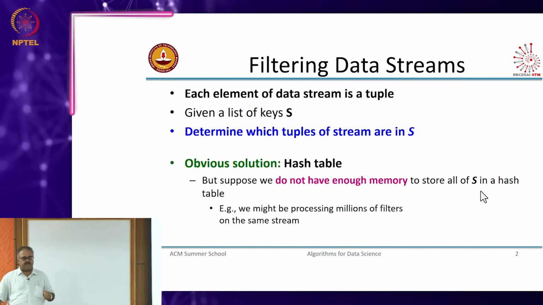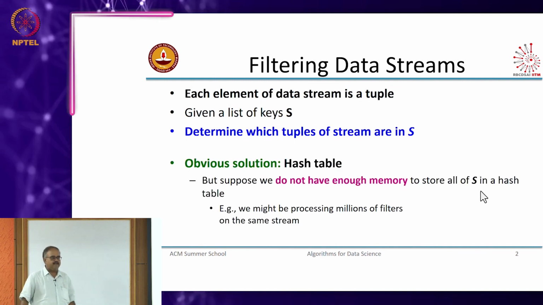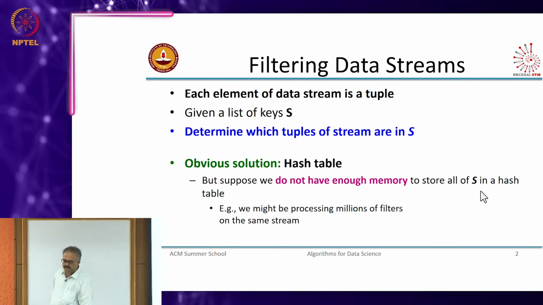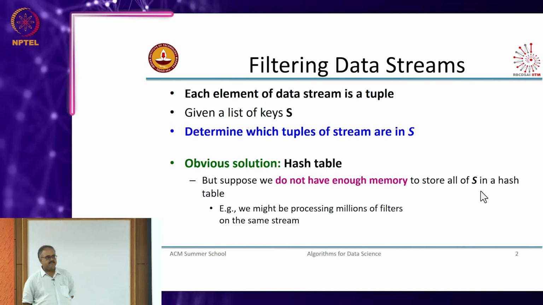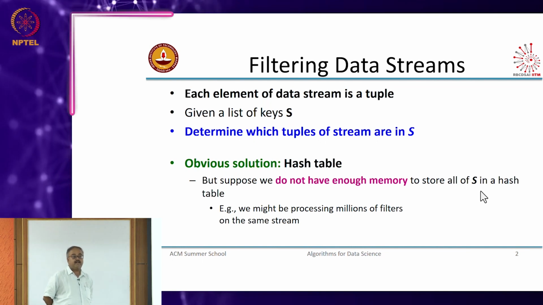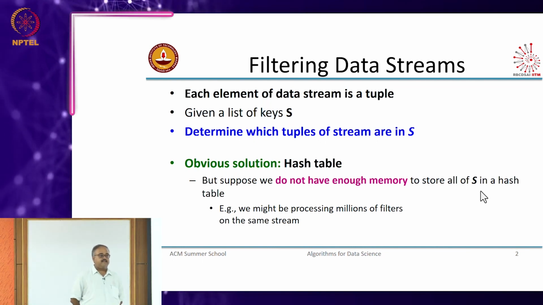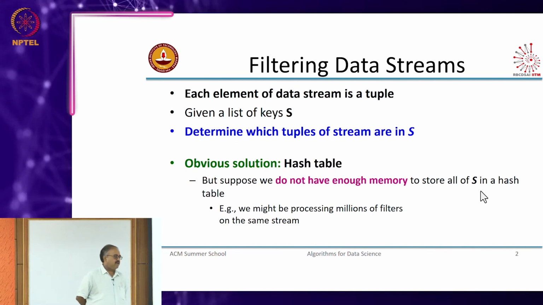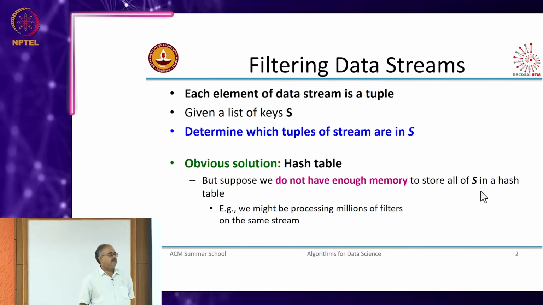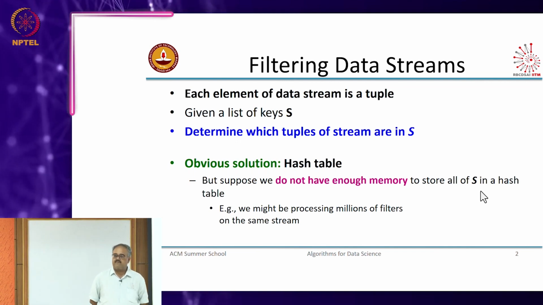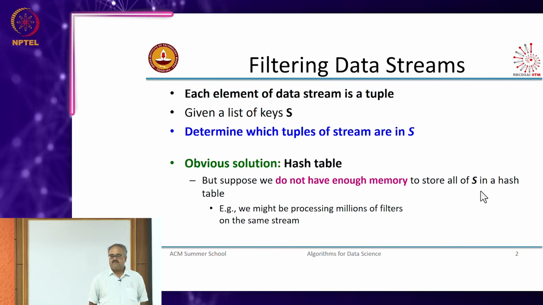So obviously you can use some kind of a hash table, right? But what typically happens is that for many of these applications that we will look at, the set S is very large, running into say perhaps a million or a few million whitelisted email addresses or URLs.